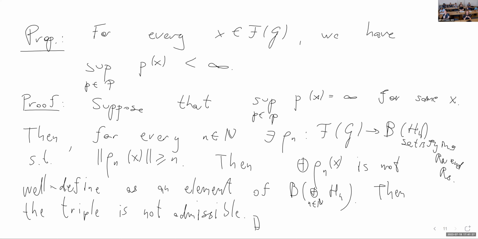I guess we can do this very generally. If we have a class of representations of this free star algebra which is closed under direct sums, then the supremum is going to be finite.